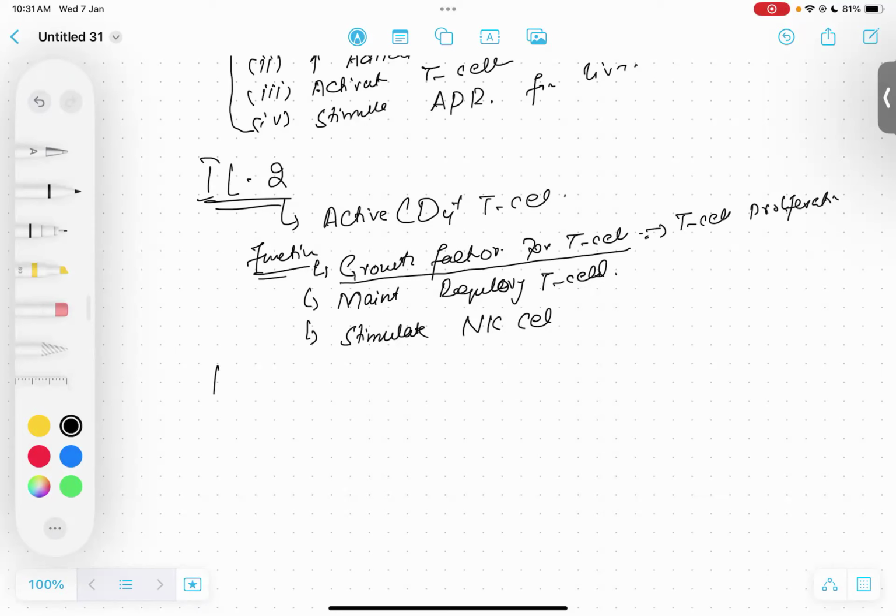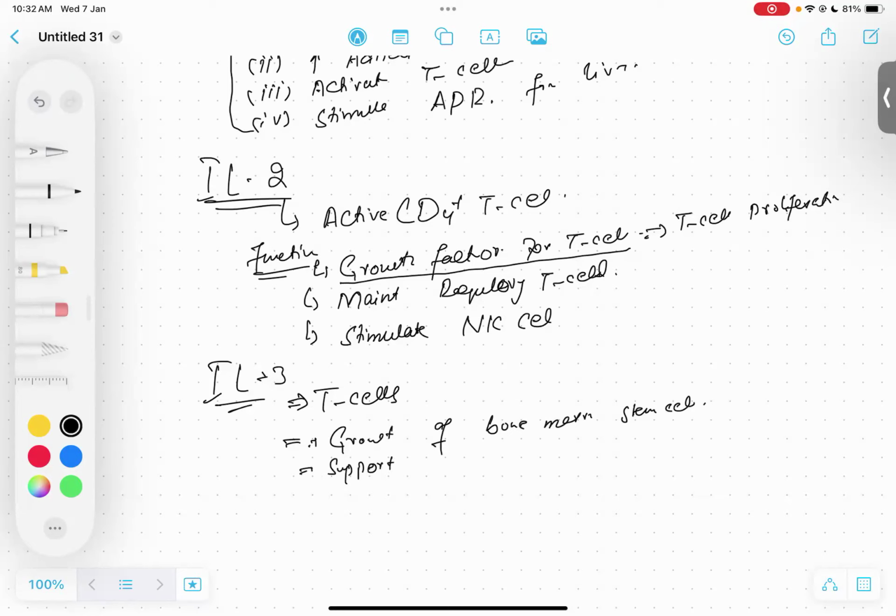So interleukin 3, its source is actually T cells, and its function is usually growth of bone marrow stem cells and also support of hematopoiesis.